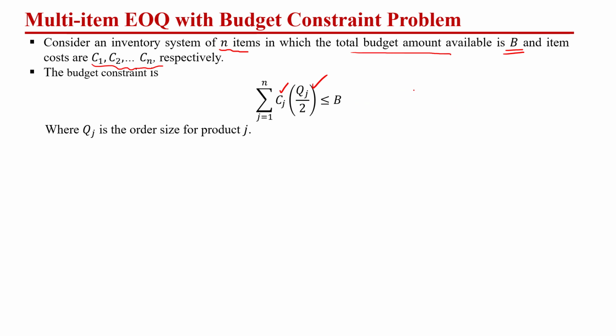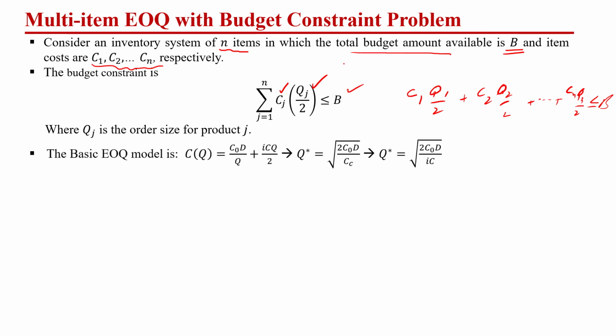If I open this up, that can be written as C1 Q1 over 2 plus C2 Q2 over 2 up to Cn Qn divided by 2. This should be less than or equal to the budget constraint, where Q represents the order size quantity.